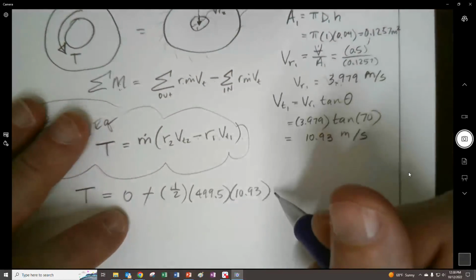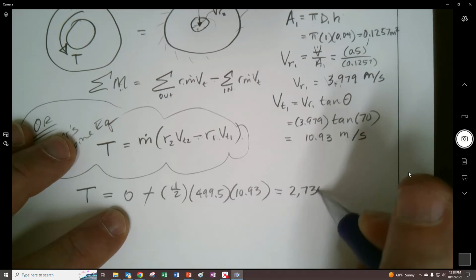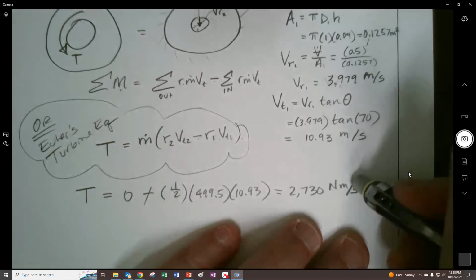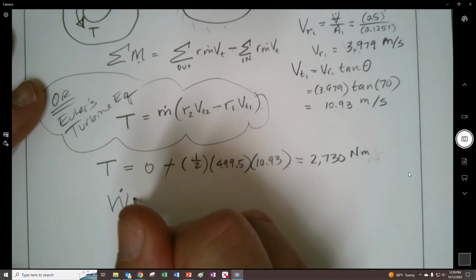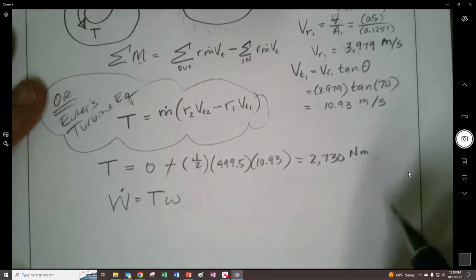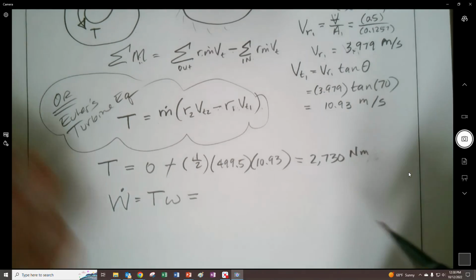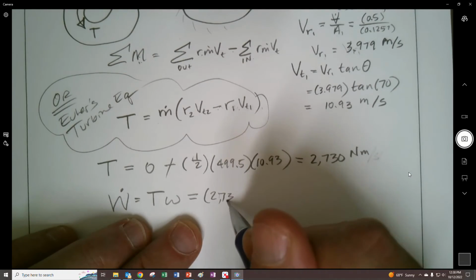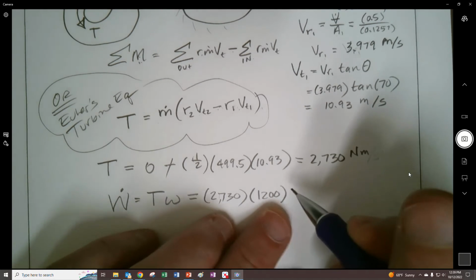So I think it goes plus. So we have right here, I have that as 2,730 Newton meters per, no, not Newton meters, excuse me. And then for the power, we want to have the torque times the omega, and we said that we had 1,200 RPM. I guess I'll go ahead and put this in the same formula here. So it's 2,730, and then the RPM is 1,200 revolutions per minute.